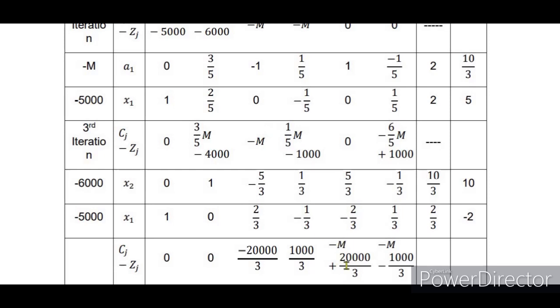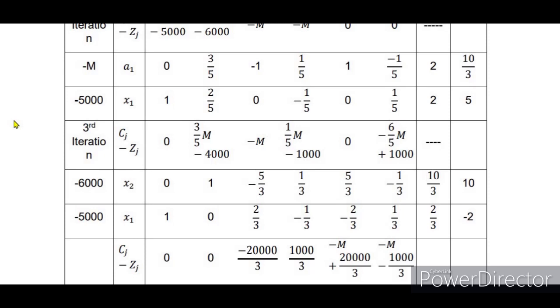Okay? So next, negative 6,000 times negative 1 thirds is equal to positive 2,000. Then, negative 5,000 times 1 thirds is equal to negative 5,000 over 3. So positive 2,000 plus negative 5,000 over 3 is equal to 1,000 over 3.